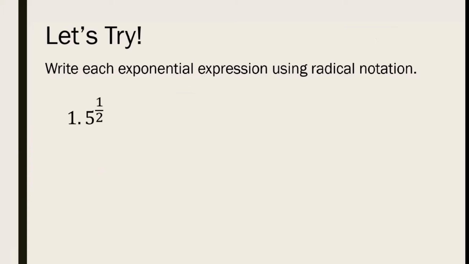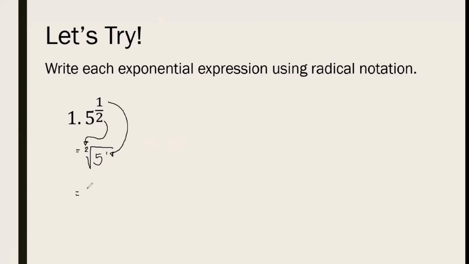Number 1, 5 raised to 1/2. We have to be familiar with the parts of the rational exponent. We know that 1 here will be the exponent of the radicand 5, and 2 here will be the root of the radical expression. So this will be the square root of 5 raised to 1. 1 is the exponent of the radicand, and 2 is the root of the radical expression.